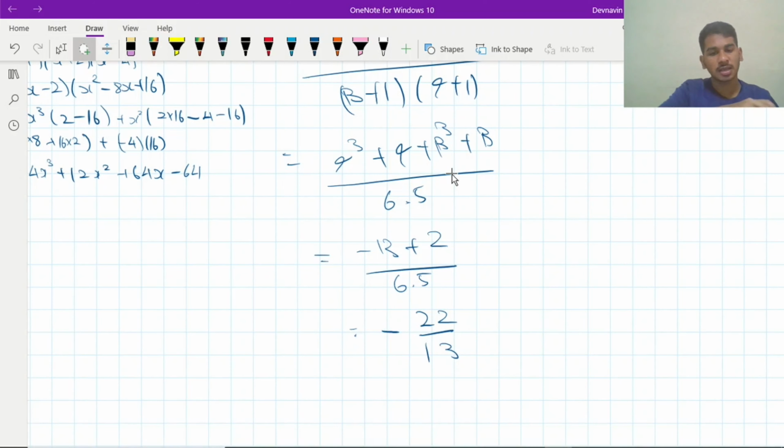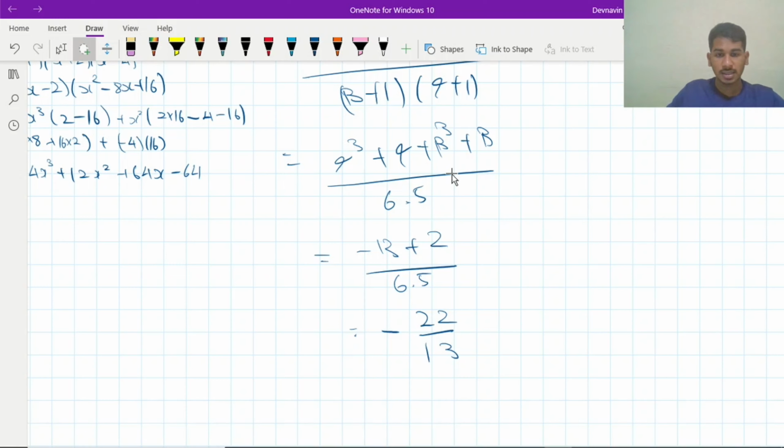Negative 13 plus 2 is going to become negative 11, divided by 6.5. That's going to give me negative 22 over 13. Times 26, that gives me negative 44.